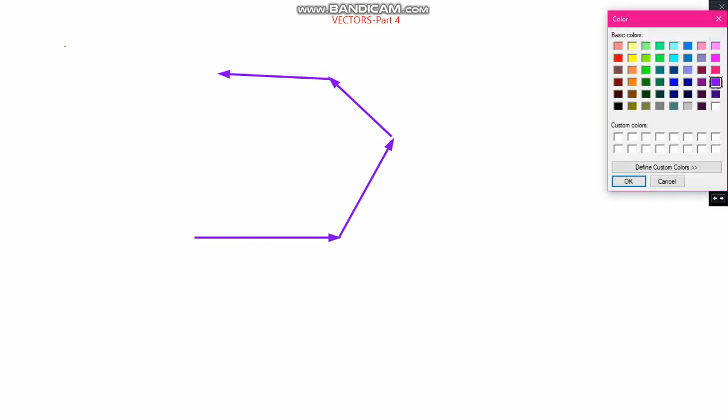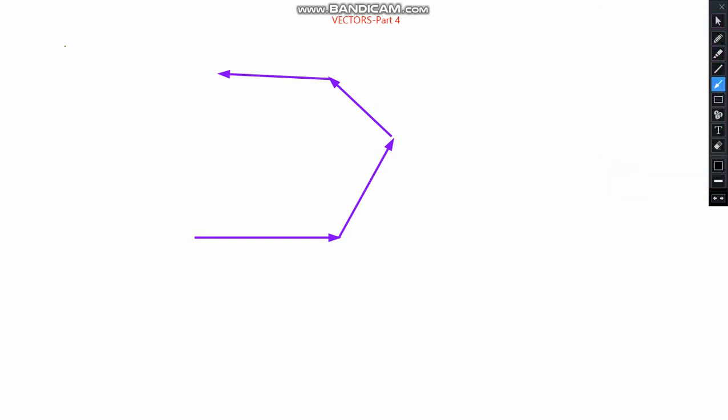You just slide the vectors in such a way that they meet each other. They may ask for the resultant vector. The resultant vector starts from the initial tail to the final head.